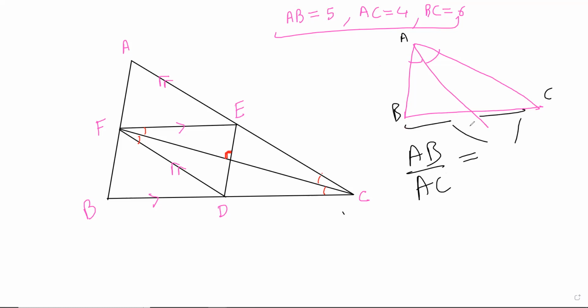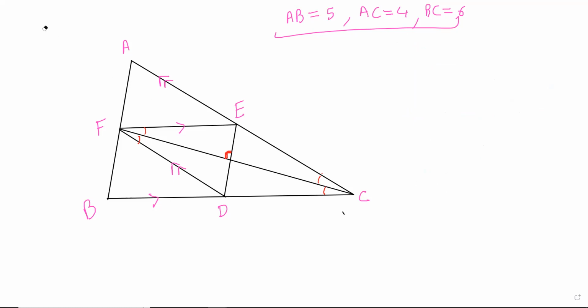So using that, what do you get? You're getting AF and FB something. Sir, AF is 2 and FB is 3. Right. Similarly, we can find all of them, see what they come out to be. That is very useful.